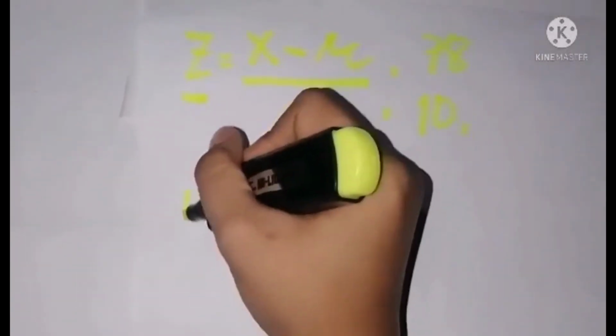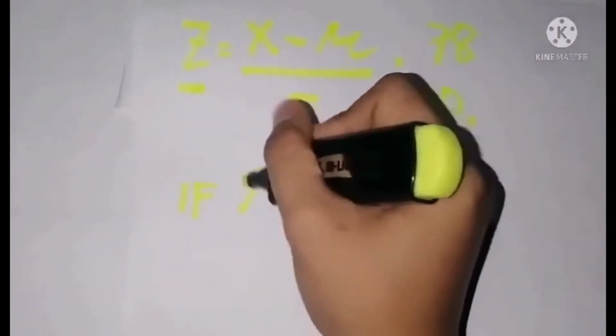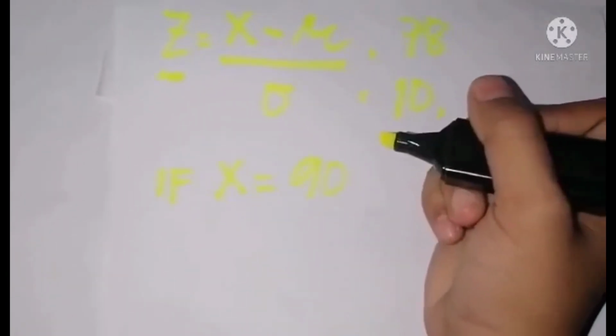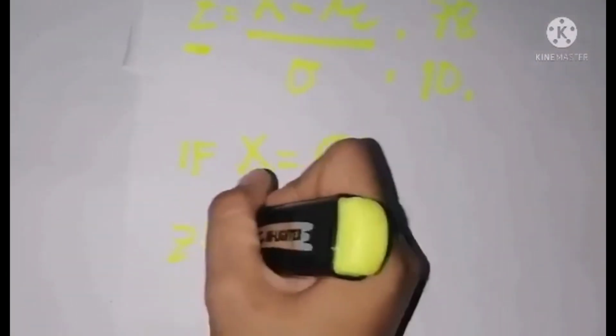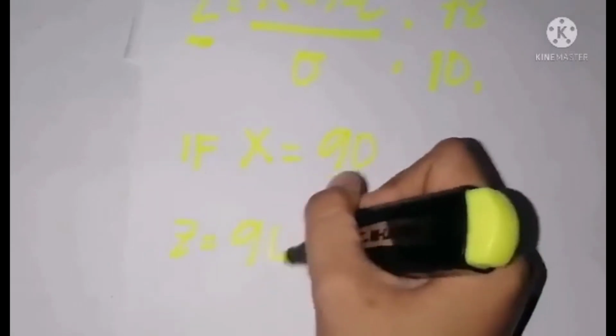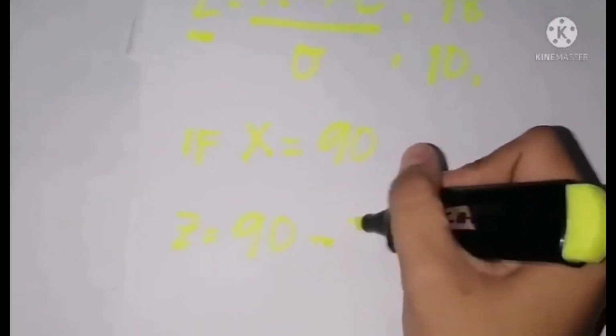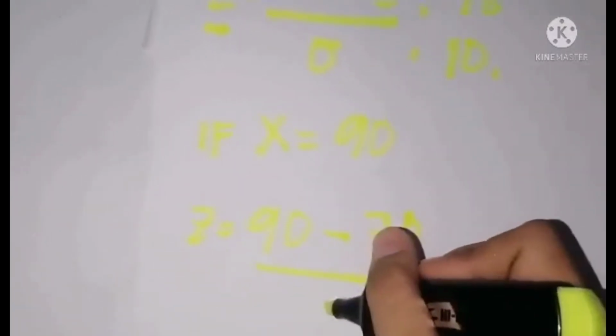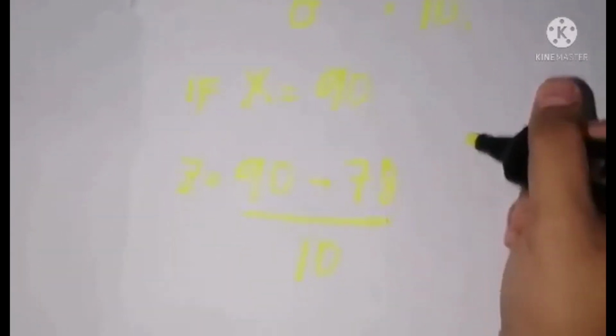So, using our formula, if X is equals to 90, yung score ng student, then 90 minus yung mean na 78 all over the sigma na 10.